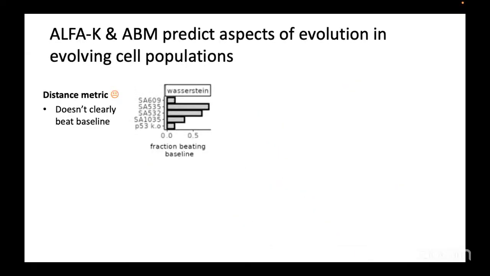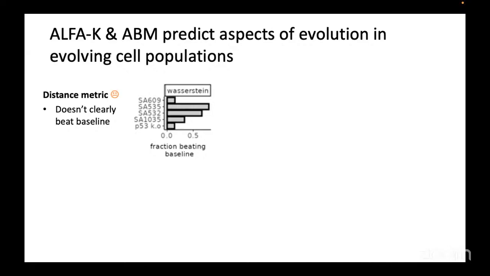So did it work on the empirical data set? So I'll start with the bad, or at least the not overwhelmingly good. So the distance metric doesn't clearly beat the baseline. So you can see here it's dependent on the lineage, but there's a couple of lineages maybe above 0.5, but some not so.